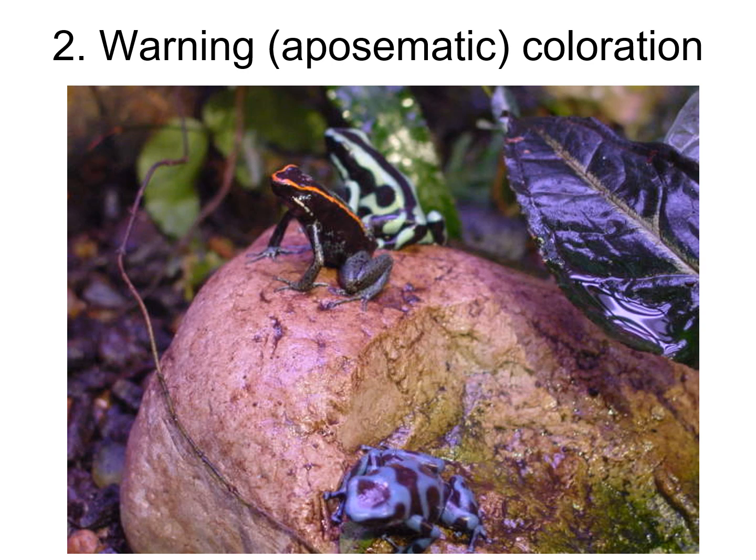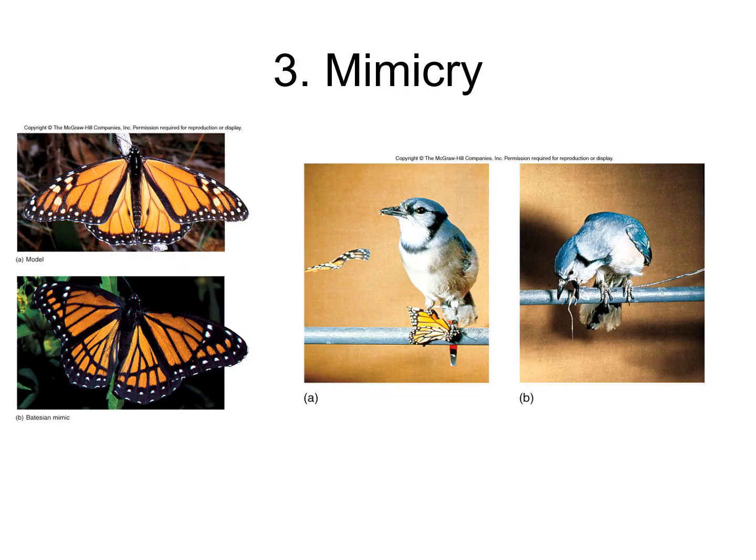So, for example, if you see a flying insect with black and yellow stripes, you probably aren't going to mess with it because everybody pretty much knows that things with black and yellow stripes often have stingers. Sometimes, though, that flying insect with black and yellow stripes is actually a fly that mimics a bee or wasp, right?